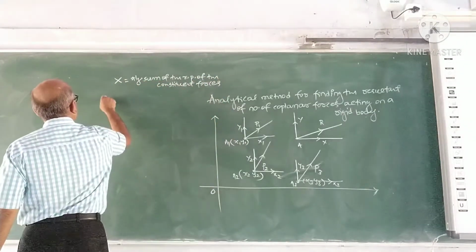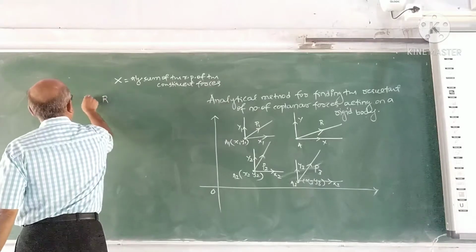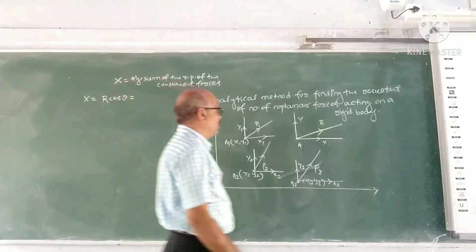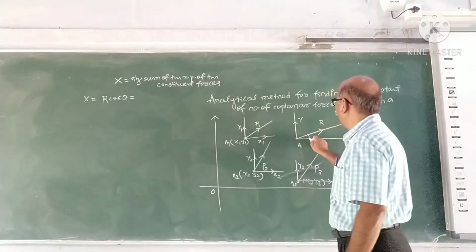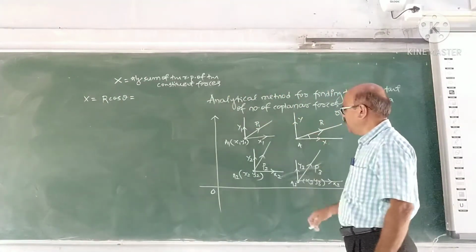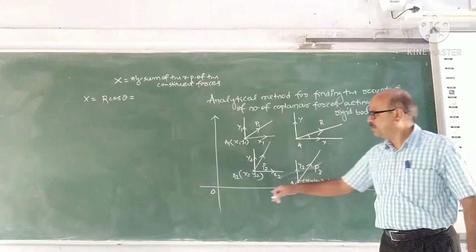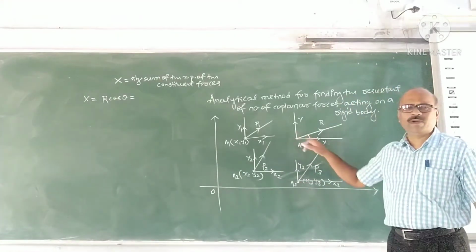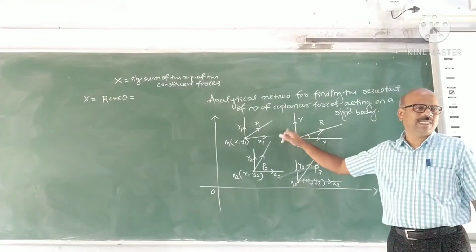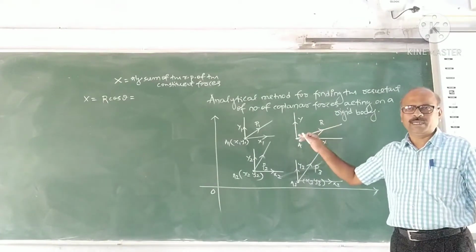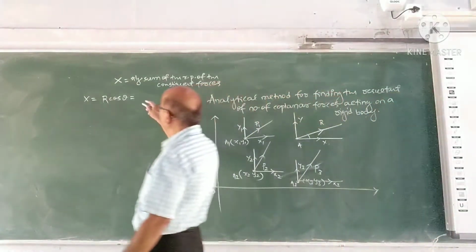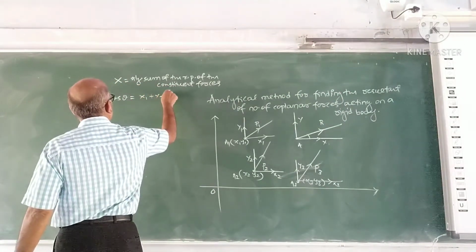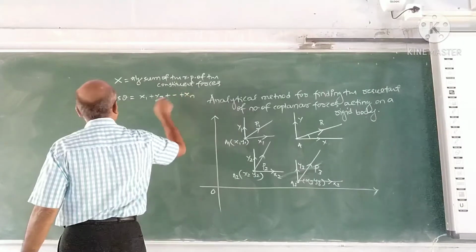And what is X? Suppose it makes an angle theta with the x axis. Then X is R cos theta, Y is R sin theta. Correct? X is R cos theta, it is x1 plus x2 plus so on, xn.